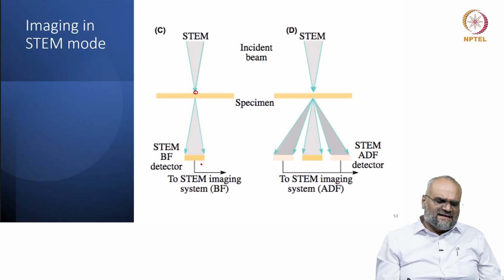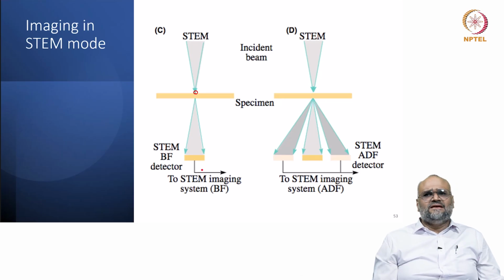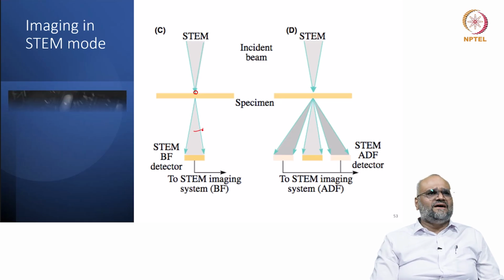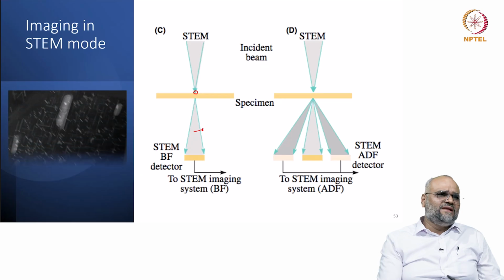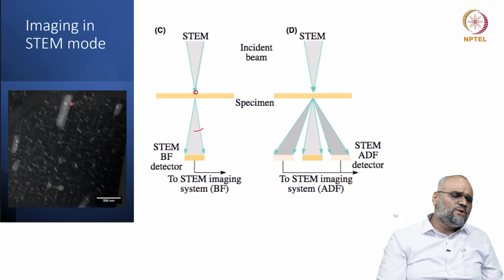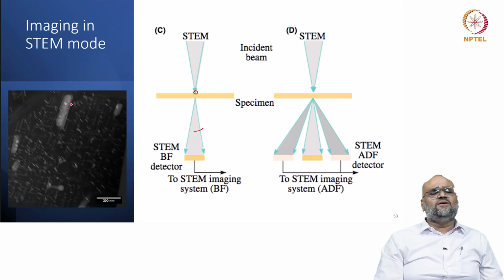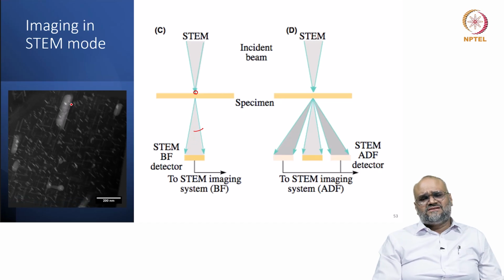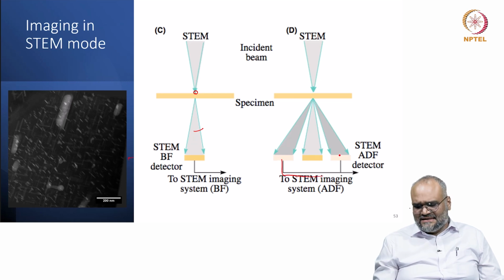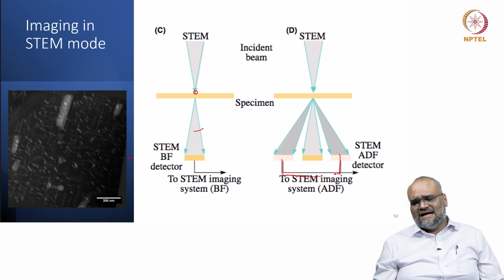The forward scattered electrons, like in the case of bright field and dark field imaging, are scattered through various angles. If I look at the rastered image from left to right, the features that show a difference in atomic number or thickness will naturally give you a variation in the contrast, and this image on the left is recorded by collecting the signal which is scattered at a slightly higher angle.